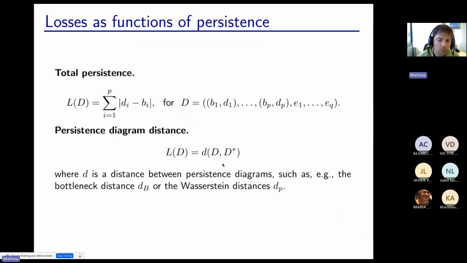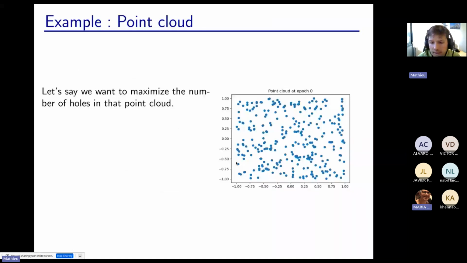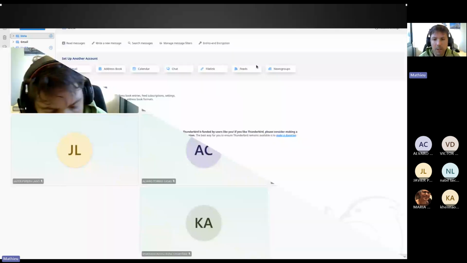There are applications where what you want to do is force the persistence diagram of your model to match a prescribed persistence diagram that you give to the model. That could be used, for instance, in enforcing the number and sizes of components or cycles or whatever. So this is something you encounter often in applications. And here is a toy example of the Rips filtration I was describing above.